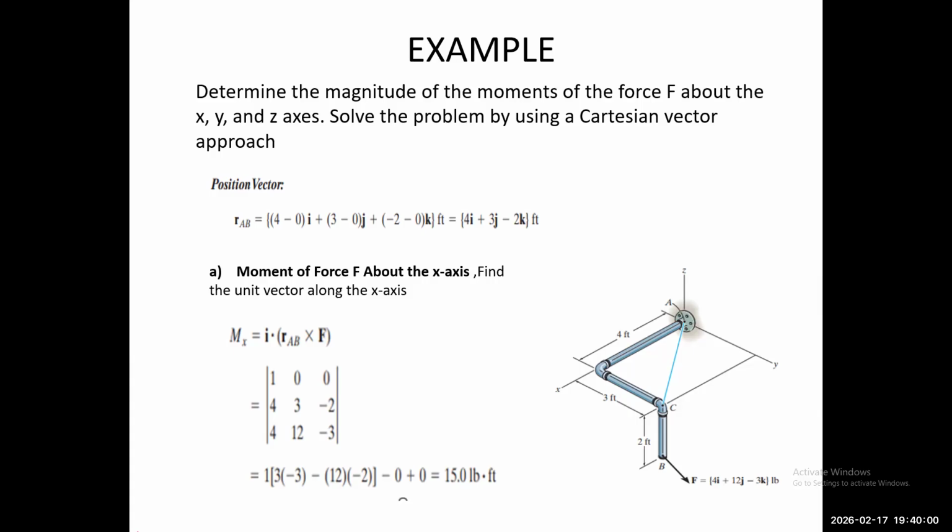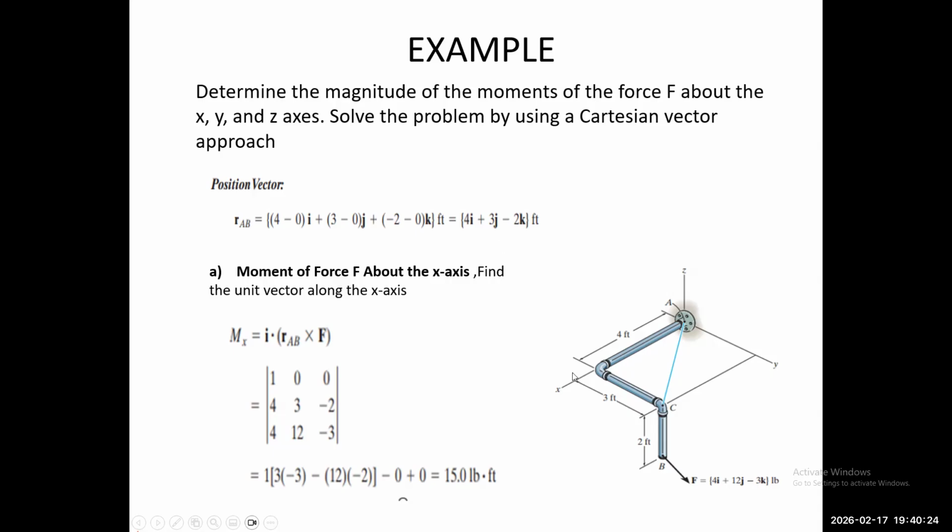Solve the problem by using the Cartesian vector approach. You write the position vector of AB. Look at this figure here. You have A, B down here, and this is AC up here. You must determine the magnitude of the moment of the force F about each one of the axes.